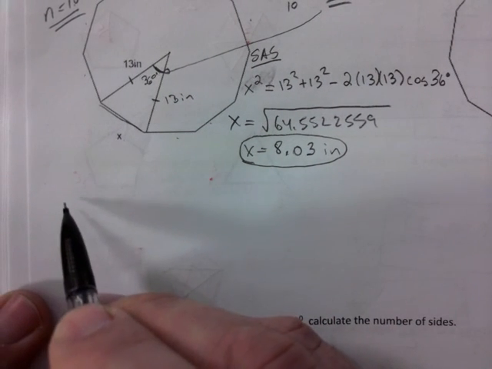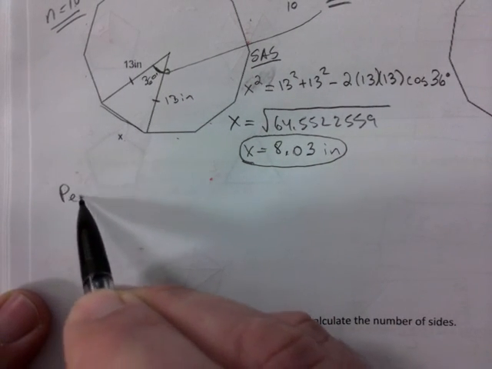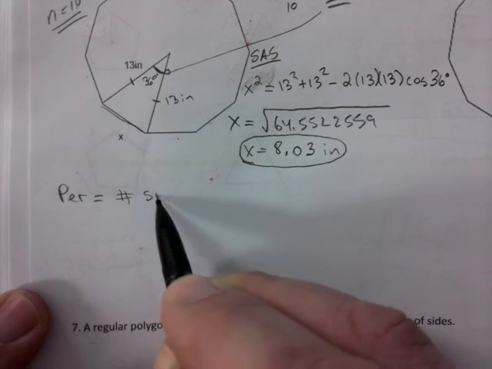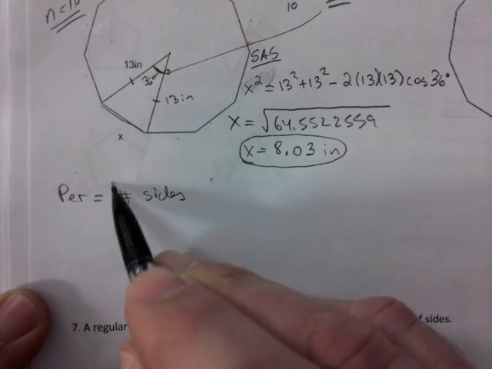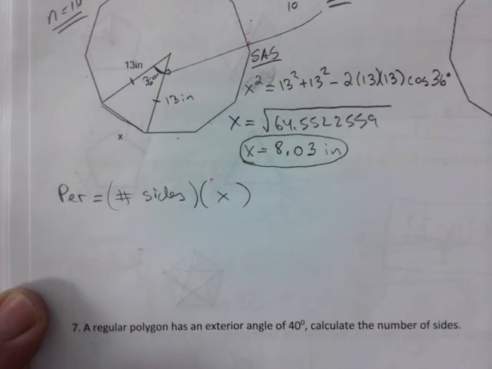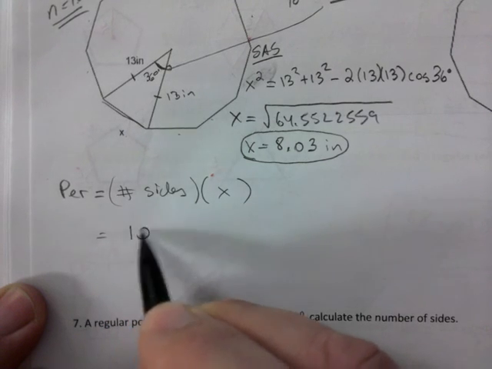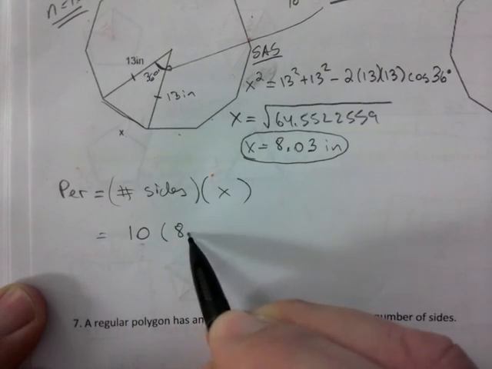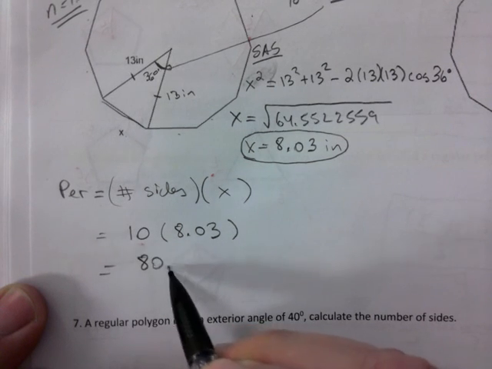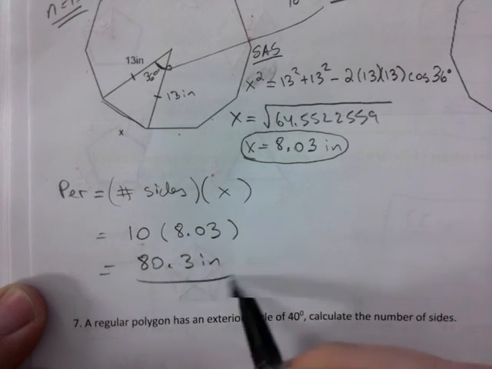And here's the last piece. Perimeter is going to be number of sides, right, multiplied by x. In this case, the number of sides is 10, x is 8.03, and that would be 80.3 inches.